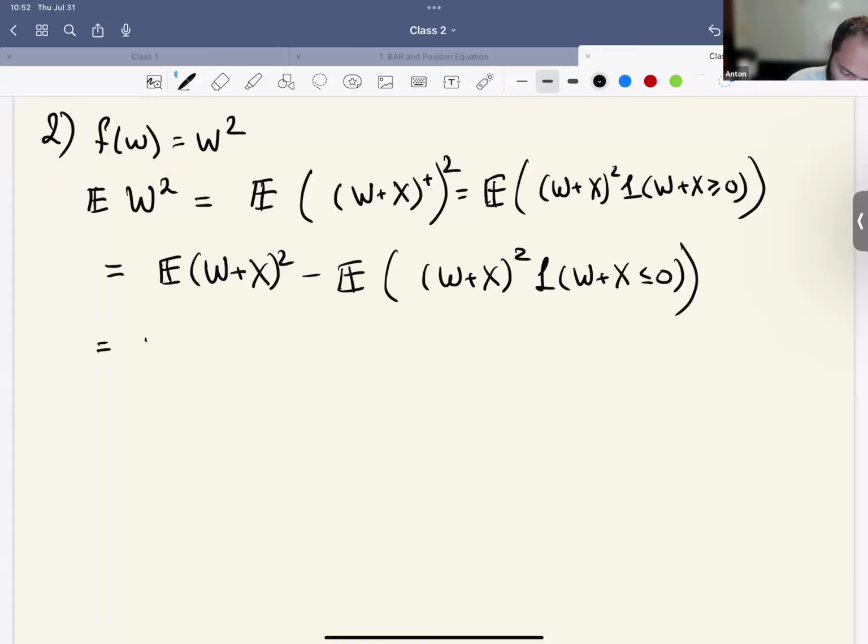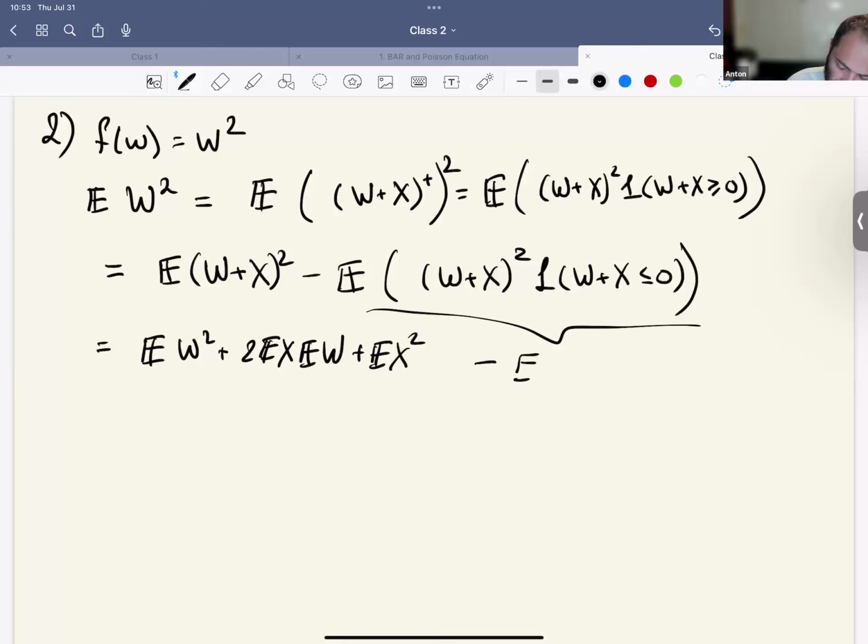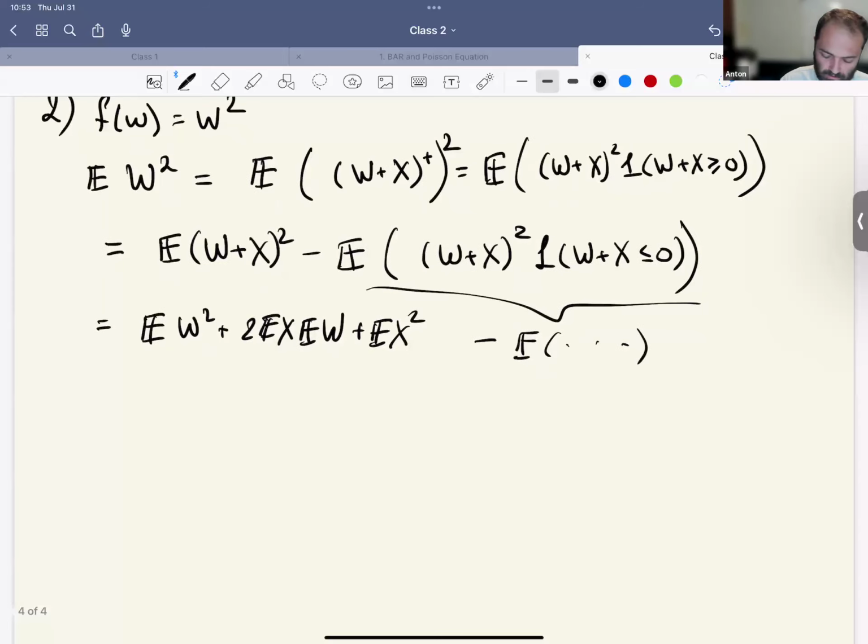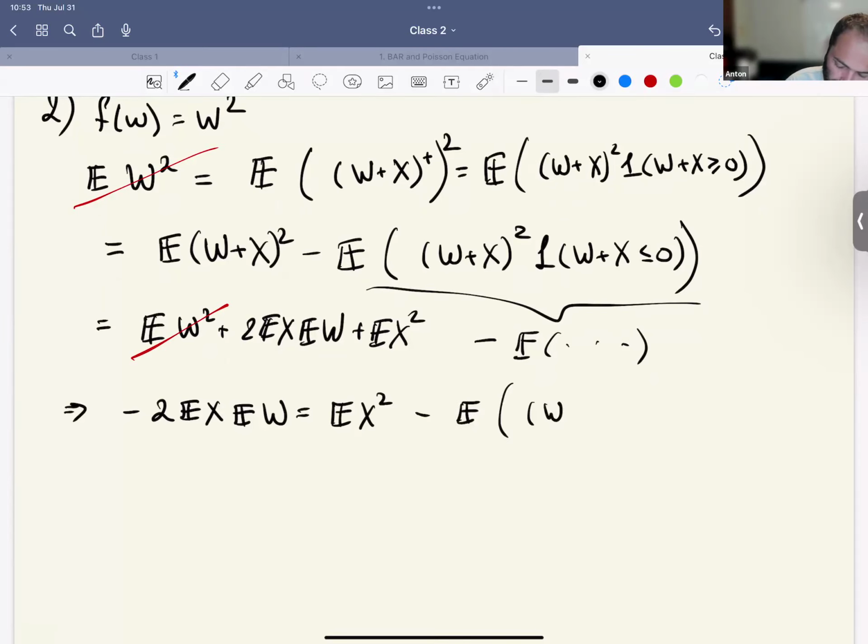So let me do the expansion: W squared plus 2 expected value of X, expected value of W, plus expected value of X squared, minus this expectation. All right, and now this object cancels with the left-hand side. And just rearranging terms, I see that negative 2 expected value of X, expected value of W equals expected value of X squared minus this weird object.